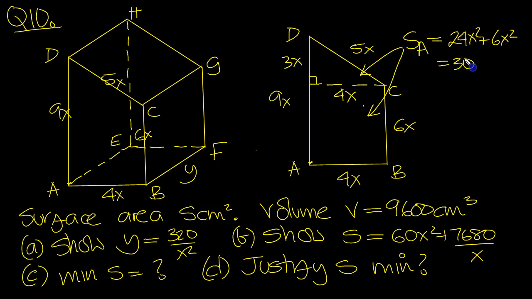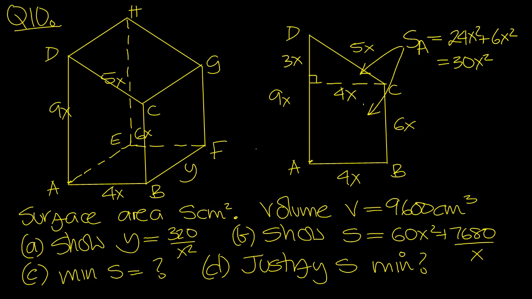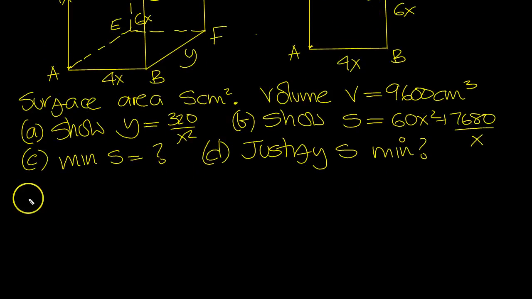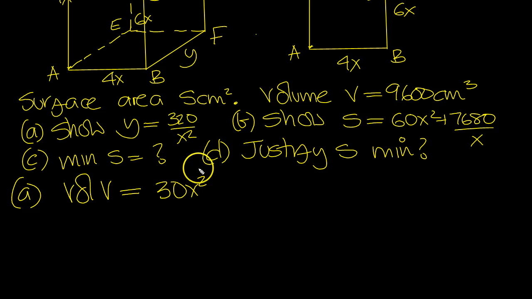So that's 30x squared. So that's that area there. So volume V is equal to cross-sectional area 30x squared times the depth, which is y. And that volume is 9600.